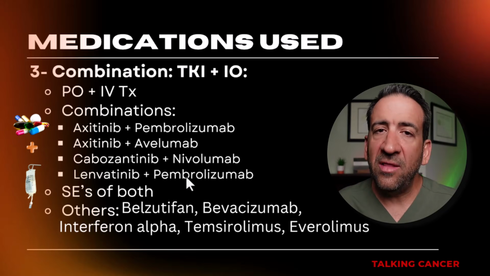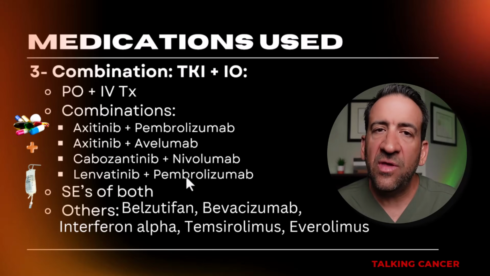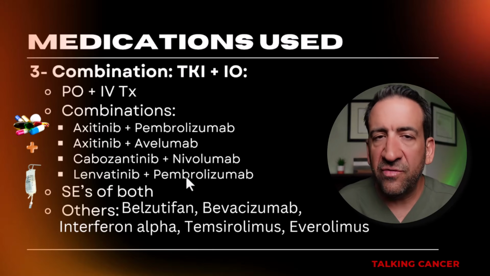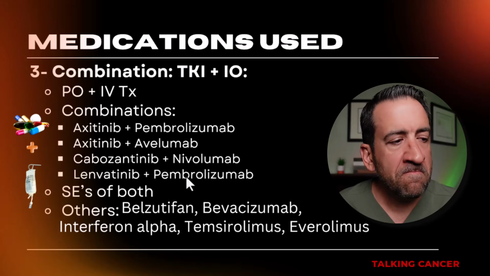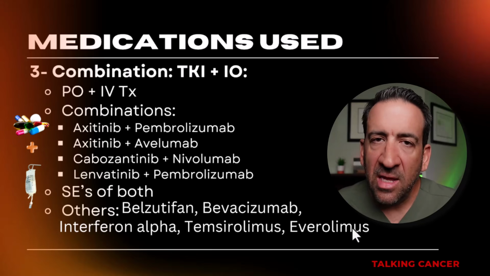And just know that this is likely to work a little better because you're receiving a combo, but you're also more likely to develop side effects. It's common sense, you're getting more medication, so higher risk of side effects, okay? Just know that there are also other options: belzutifan, bevacizumab, interferon alpha, temsirolimus, everolimus, many different options.